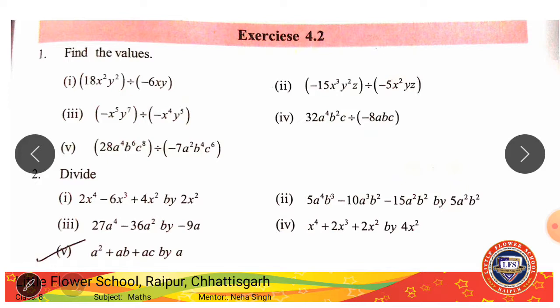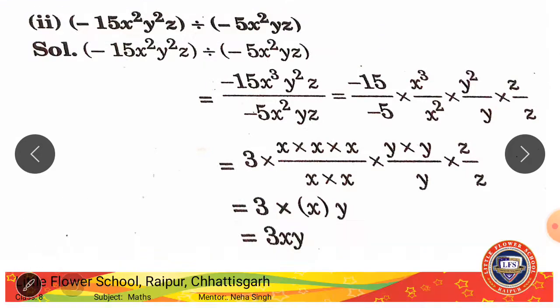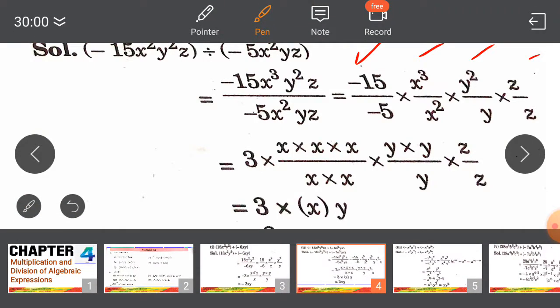Now moving on to the next question. Minus 15 x cube y square z divided by minus 5 x square y z. So again, first step, we will separate the numbers. We'll separate the constants together, x terms, y terms and z terms together.